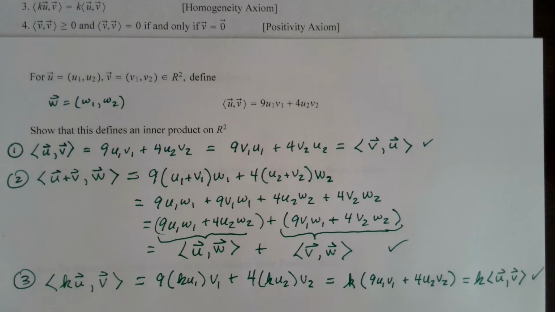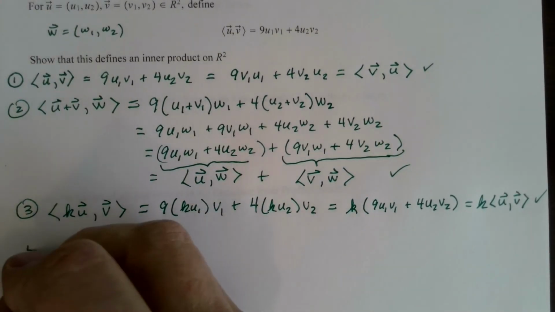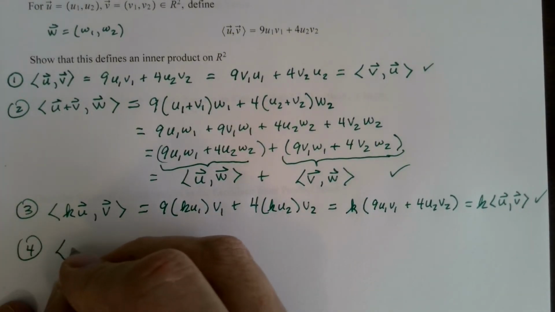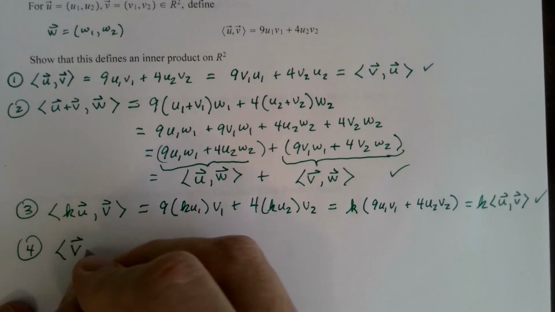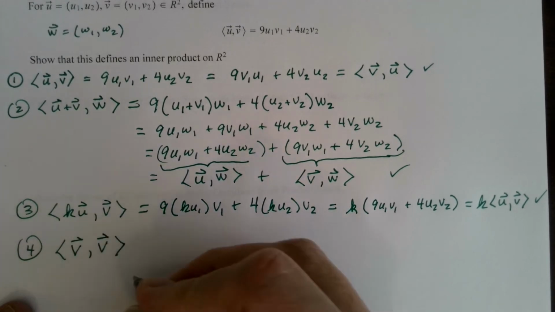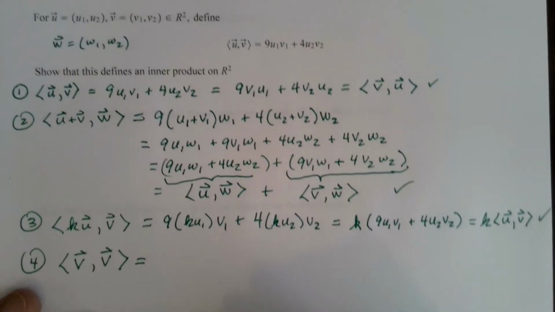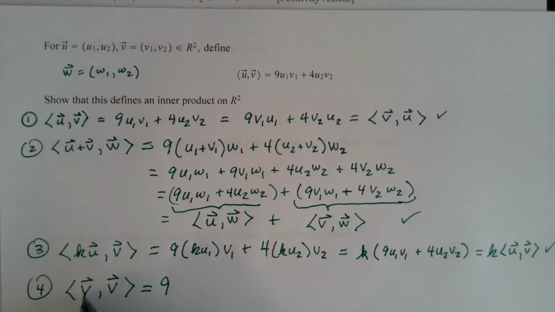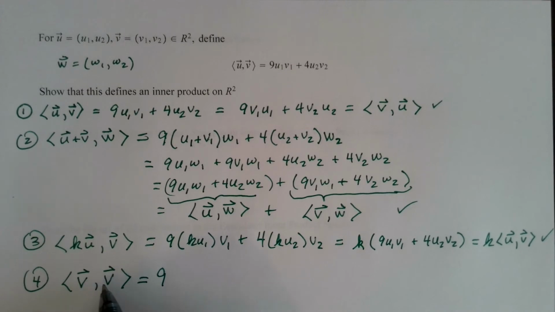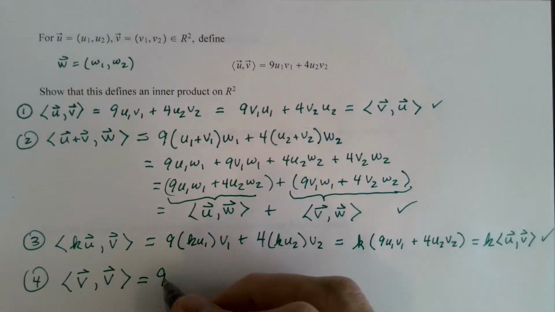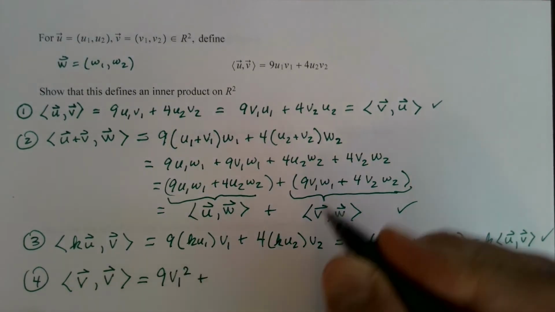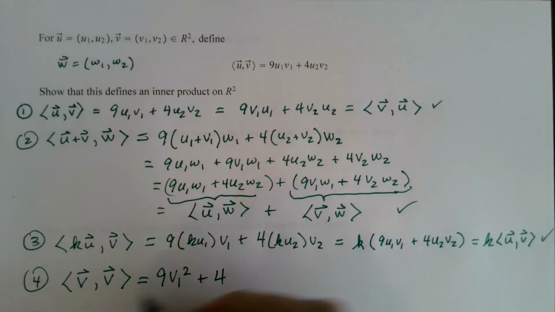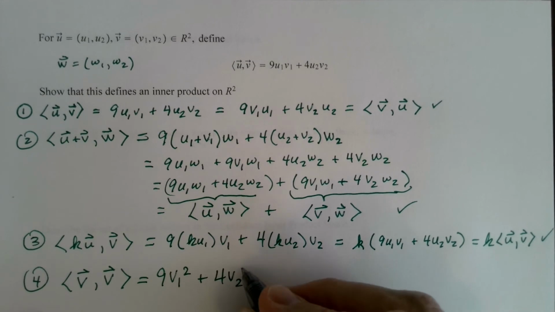Last one is the positivity axiom. I'll take the inner product of the vector v with itself. Of course, then I've got 9 times the first component of this vector v, which is v1, and the first component of this vector, which is v1. So I've got v1 times v1, or v1 squared. And then 4 times v2 times v2, or v2 squared.